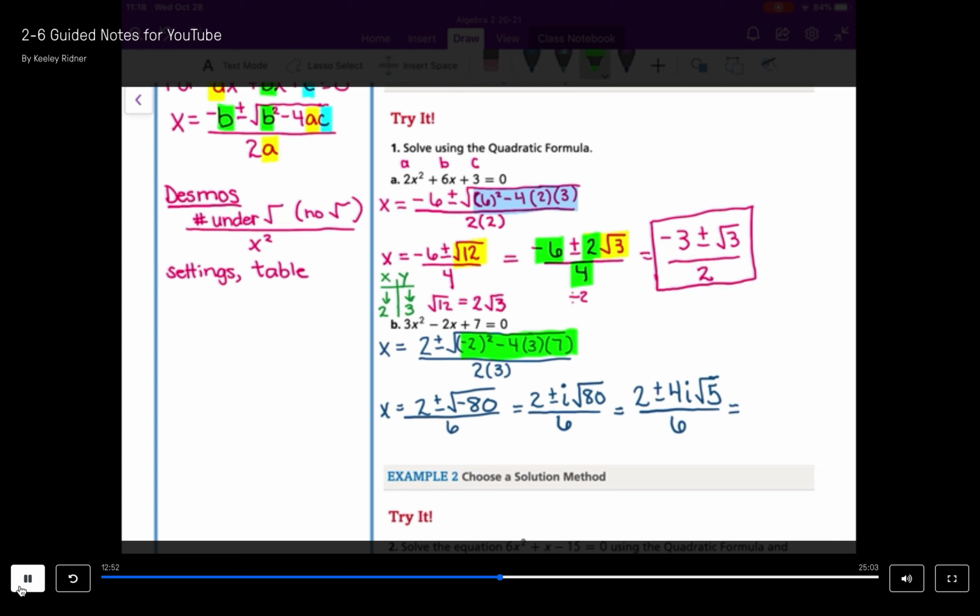And last but not least, let's reduce fractions. Those 3 numbers are all divisible by 2. So I get this as my final answer. Now, how does that relate to the graph? Let's check this out. Wrong one.